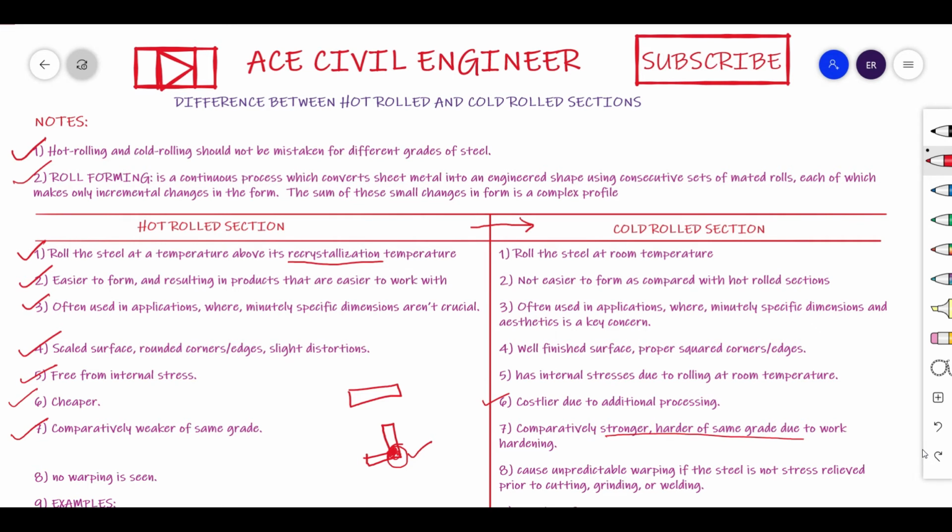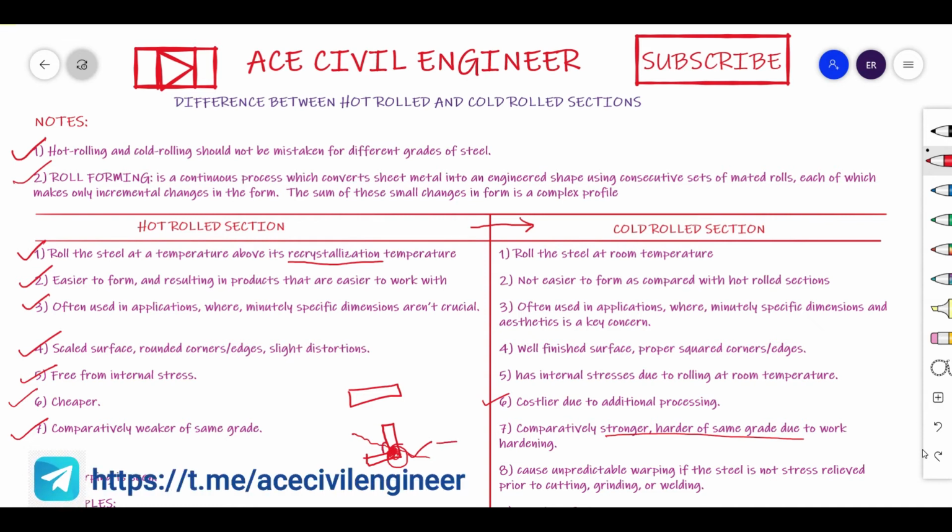And in hot roll sections we cannot see any warping, because there are no residual stresses, whereas in cold roll sections we do find some warping if the steel is subjected to cutting, grinding or welding. So, friends, for the same section, if I try to cut it somewhere here like this, or if I try to weld it here or cut it here, this may lead to some warping like this.